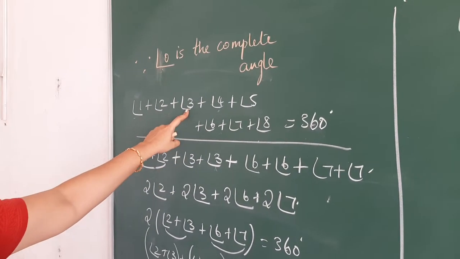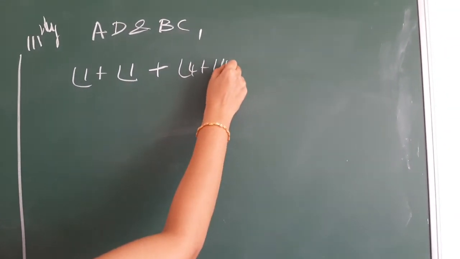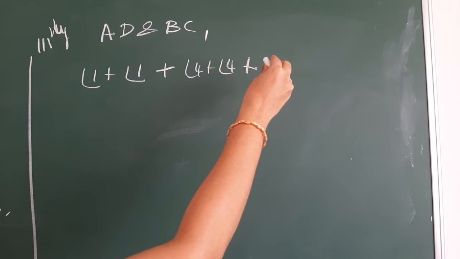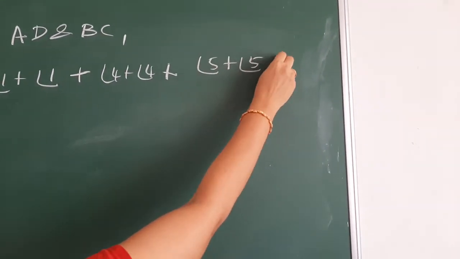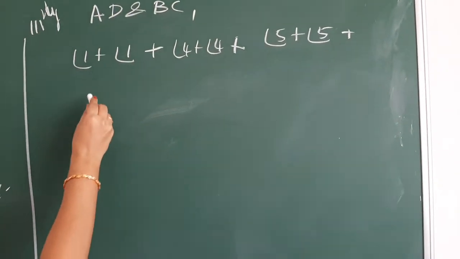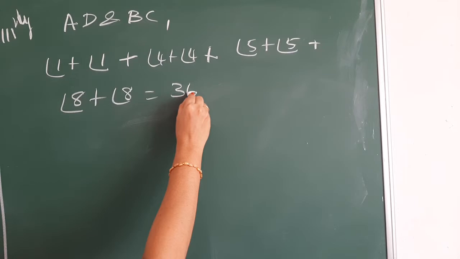Here we are going to replace 3 as 4. So angle 4 plus angle 4, and 6 we are going to replace as 5. So angle 5 plus 5, and 7 we are going to replace as 8. Angle 8 plus 8 is equal to 360.